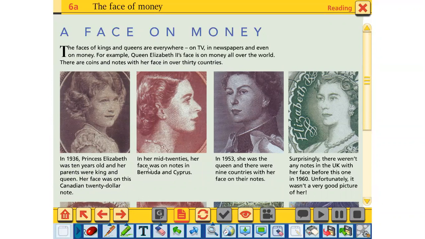Okay. In her mid-teens, her face was on notes in Bermuda and Cyprus. In 1953, she was the queen, and there were 9 countries with her face on their notes.